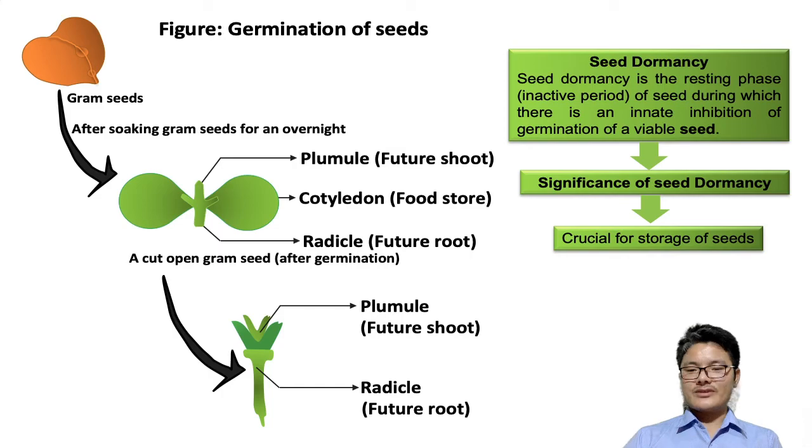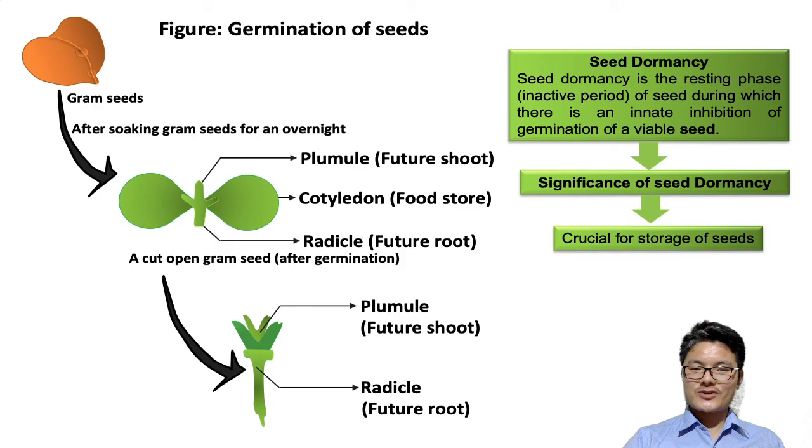So whenever there is achievement of more favorable conditions, then there is germination of seeds. It's important to tell you one important point: on germination of seeds, there is growth of a new plant, right?